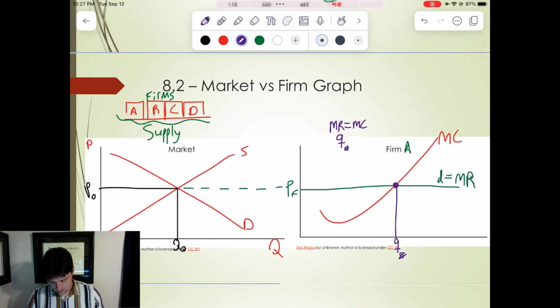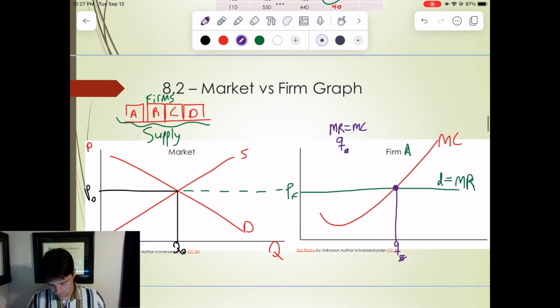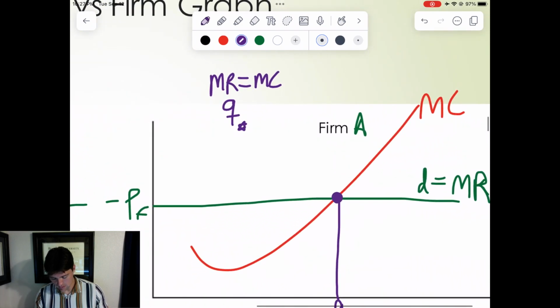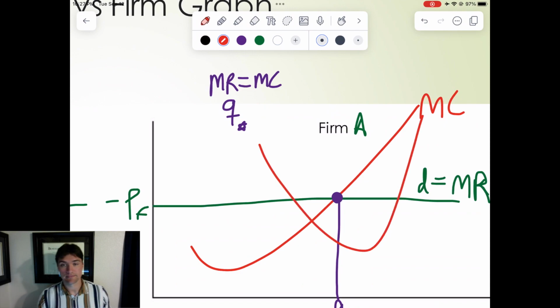Now, then we got to figure out profits. Well, in order to find profits, we have the revenue, but we also need the total cost. And so what we're needing, we have the marginal cost, we need the average total cost. So let's say the average total cost was here. Does this make sense?